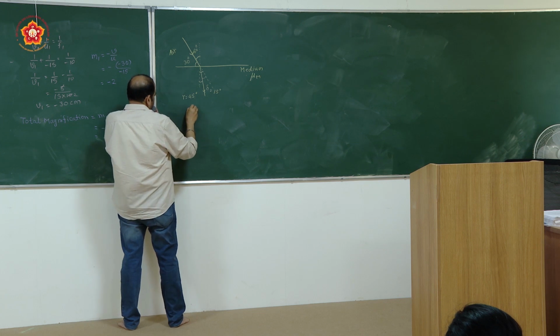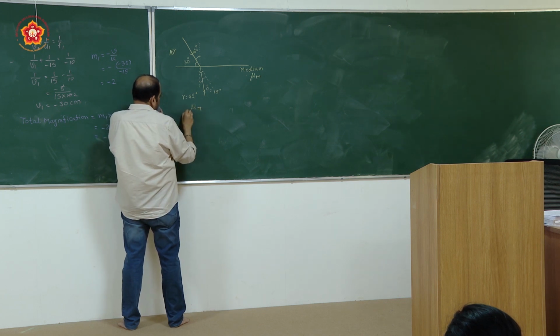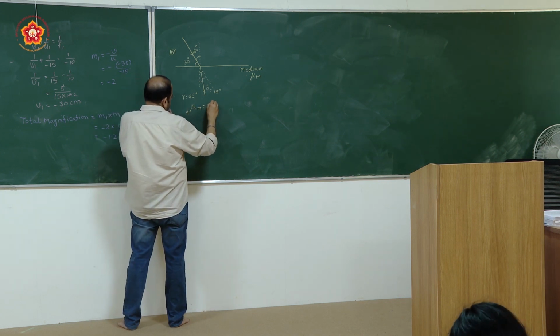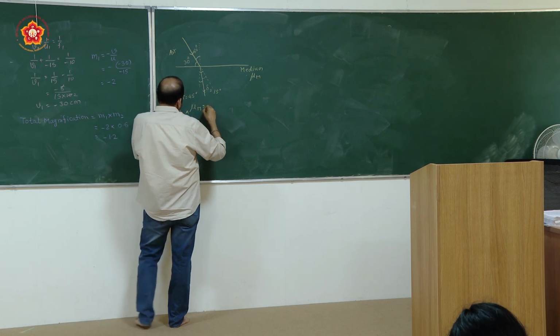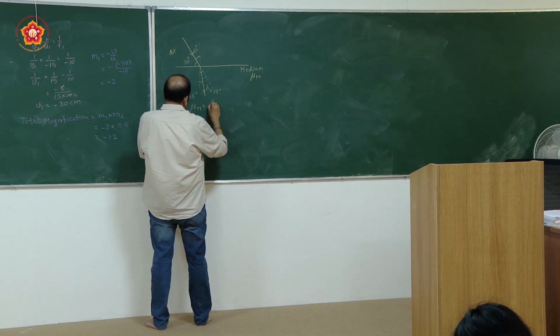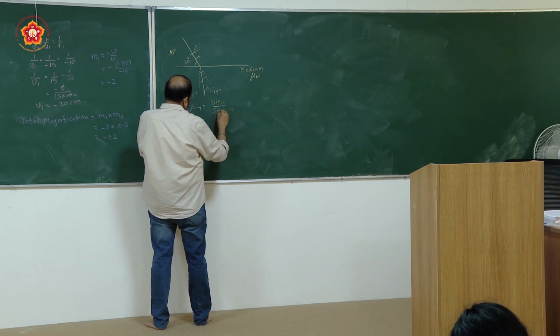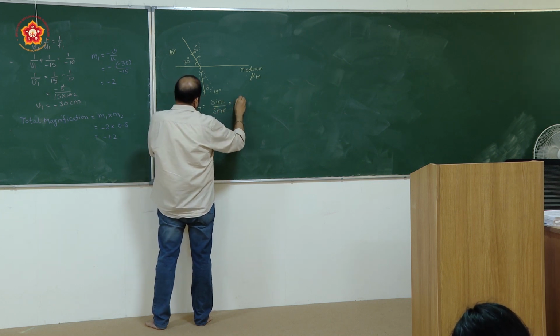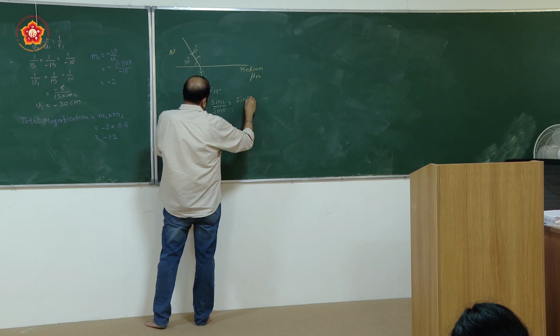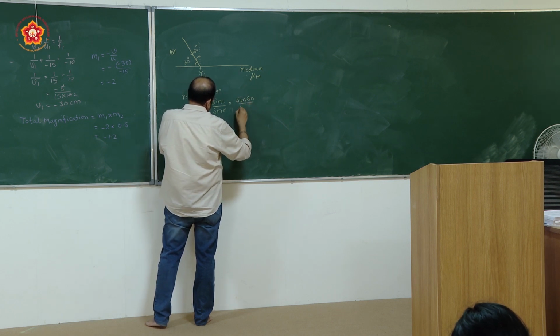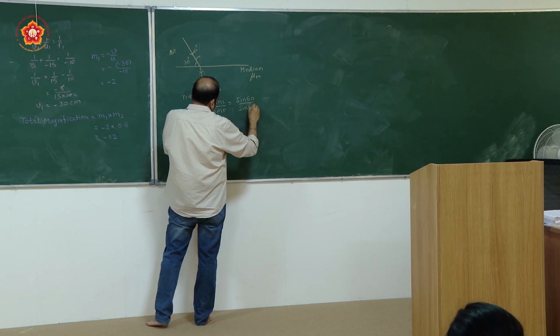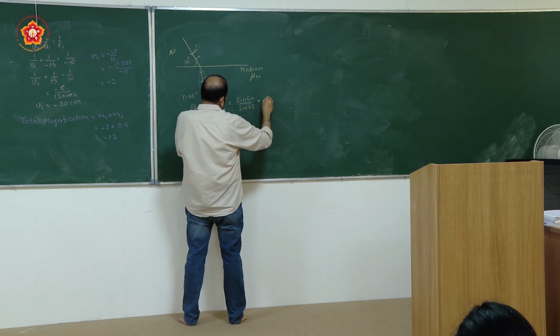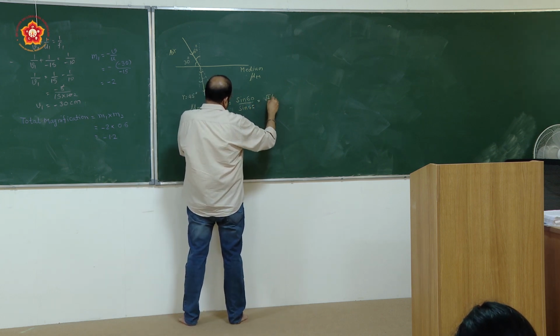So the refractive index of the medium with respect to air will be equal to sine of I upon sine of R. So sine I is sine 60 and sine R is sine of 45. What is sine of 60? Root 3 by 2.